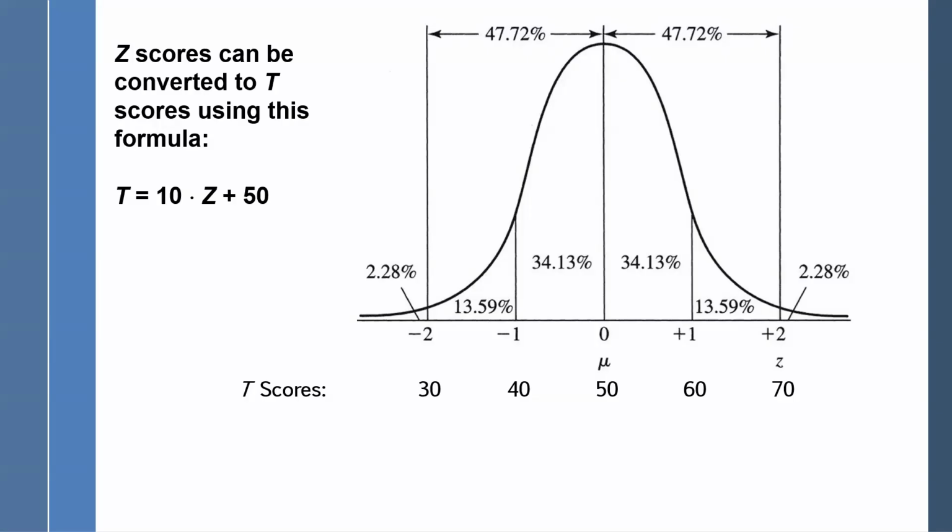By custom, and this is totally arbitrary, but it's the same wherever you see t-scores used, we set the baseline at 50 and the standard deviation at 10. So when you see the formula here where t equals 10 times z plus 50, all that you're doing is you're saying, I'm going to transform the distribution in such a way that the standard deviation becomes 10 and the baseline will be 50.